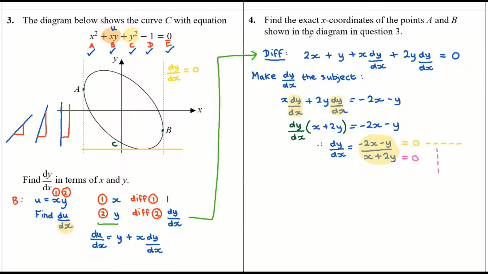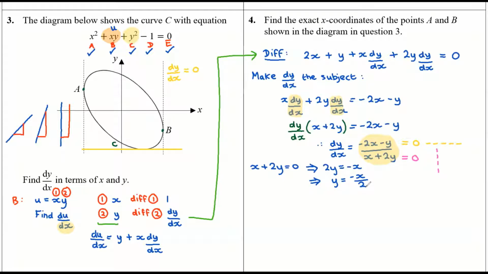So by doing that, if x plus 2y is equal to 0, what that means is if I'm asked to find the exact x coordinates, I need to substitute an x value, or the x variable, in for y wherever I see it. So if I make y the subject, 2y would equal negative x, which implies that y would equal negative x over 2.